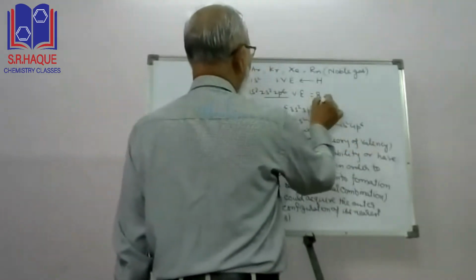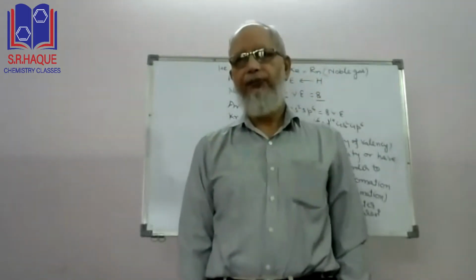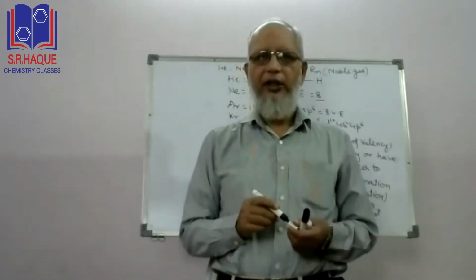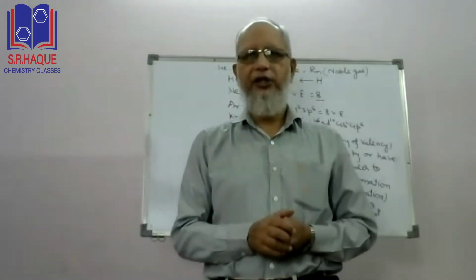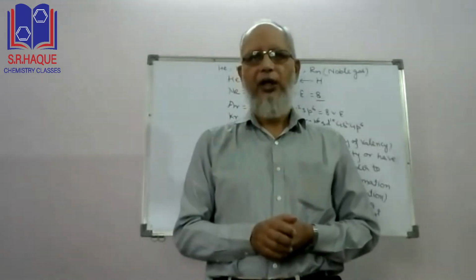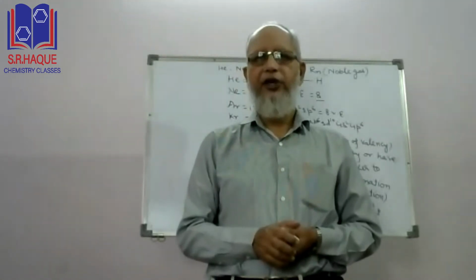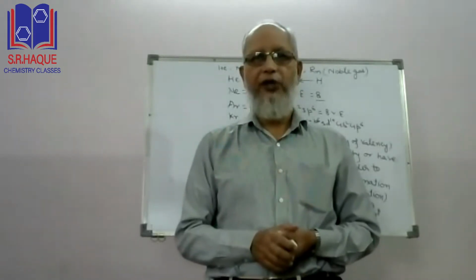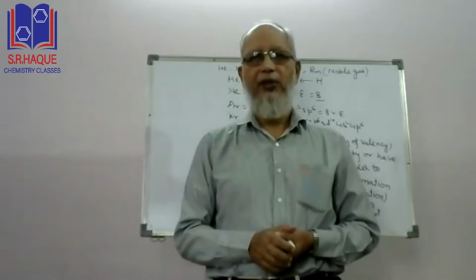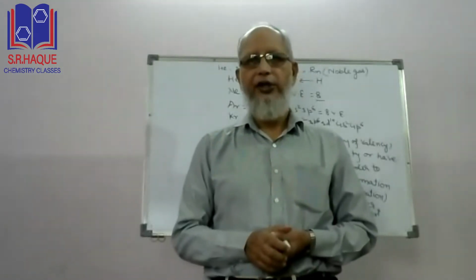So out of these 8 valence electrons, 2 are present in s and 6 are present in p. Therefore, we can also say that elements tend to acquire the s2p6 electronic configuration of the nearest inert gas, and that's why they show valency, enter into chemical combination, or have the tendency to form chemical bonds. Except hydrogen, which has electronic configuration 1s1 and its nearest inert gas is helium, so it tends to acquire the 1s2 electronic configuration of helium.